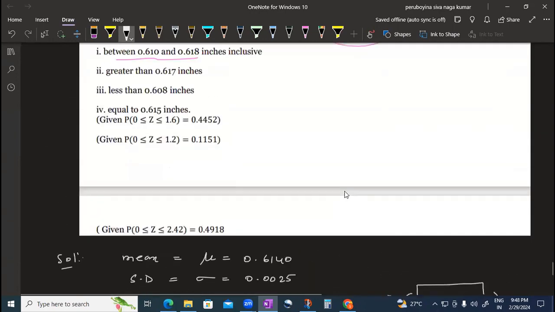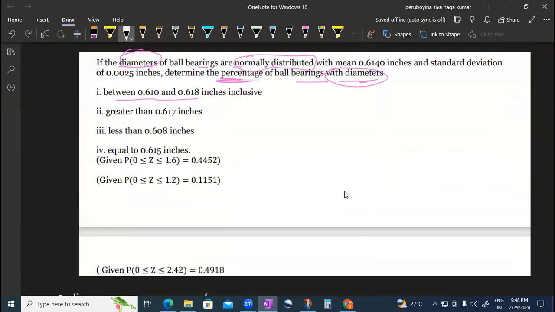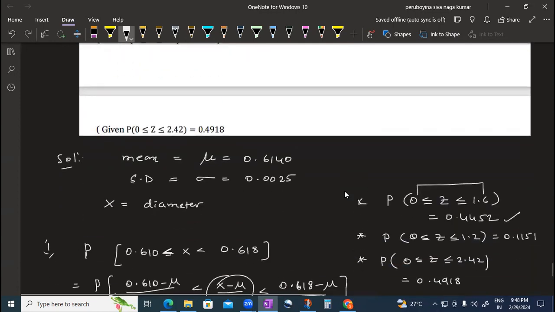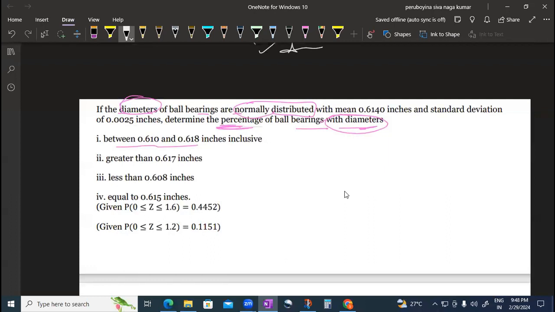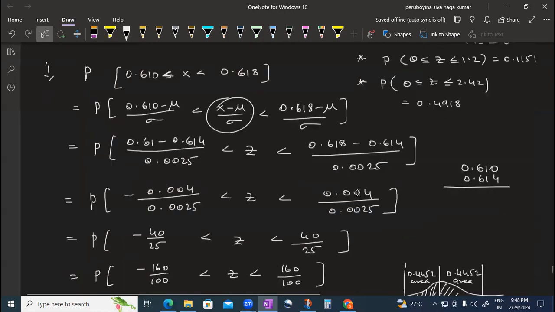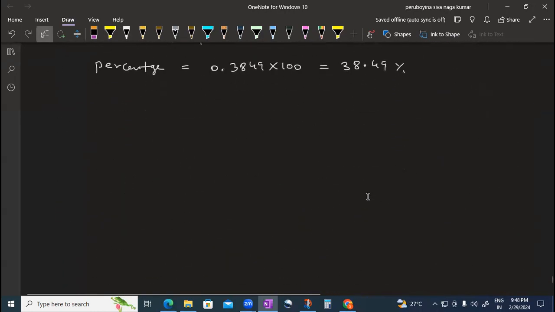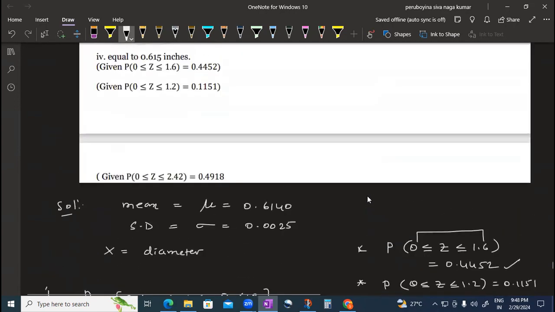Next, the third question. 0.615 inches. Less than, it says, less than 0.608 inches. So diameter is less than 0.608.